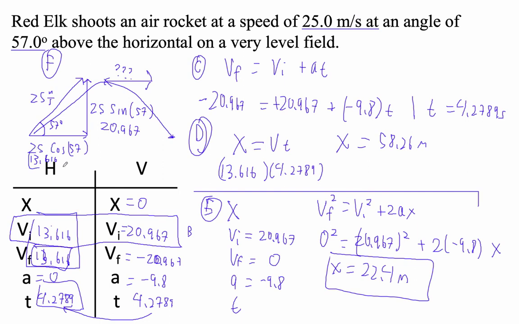It's the horizontal velocity it started with, and the horizontal velocity it ends with. It's 13.616. Whatever that horizontal velocity is, it's got it at the top, it's got it halfway up, it's got it the whole time. The horizontal velocity doesn't change. I hope that helps.